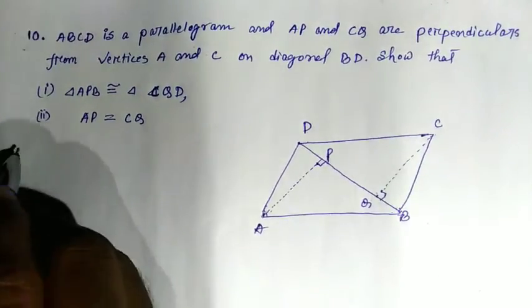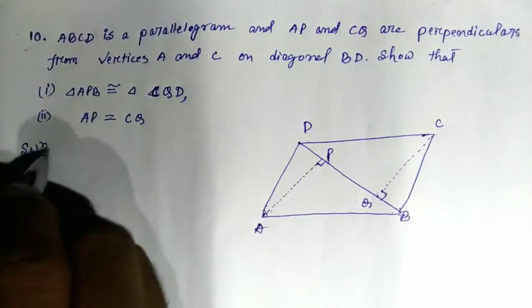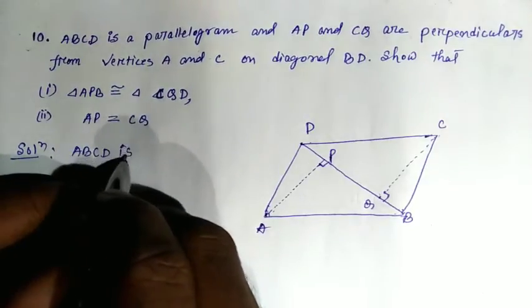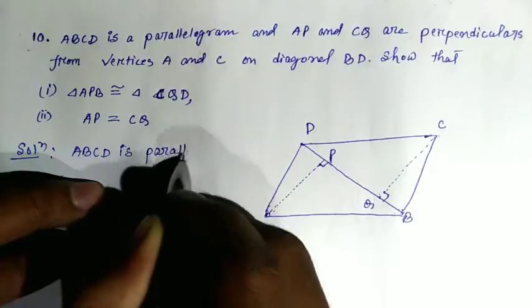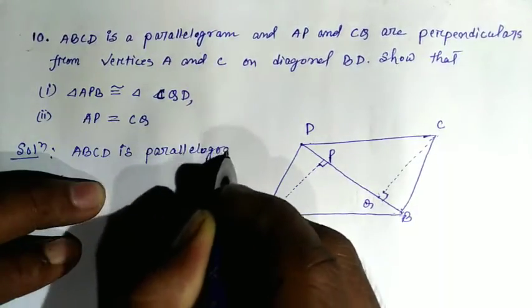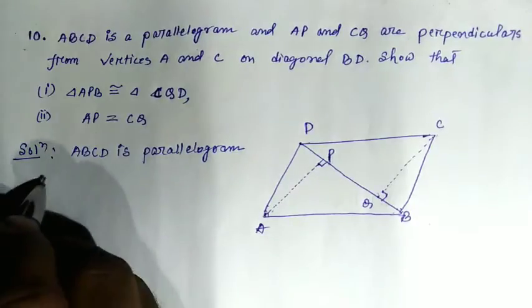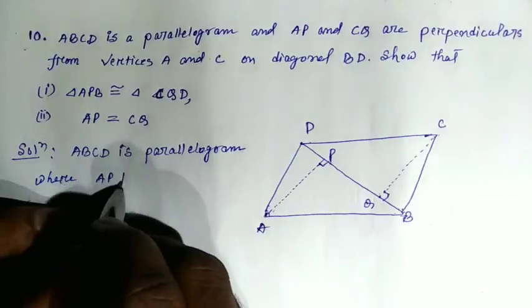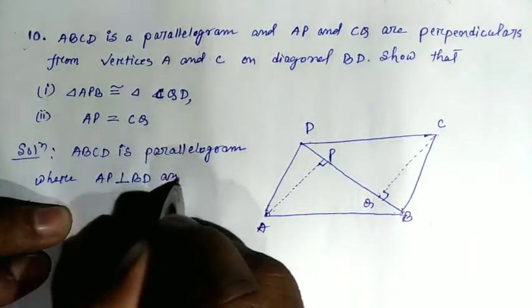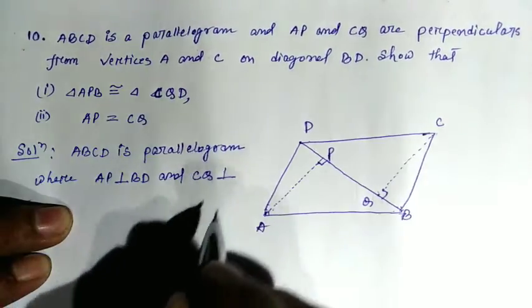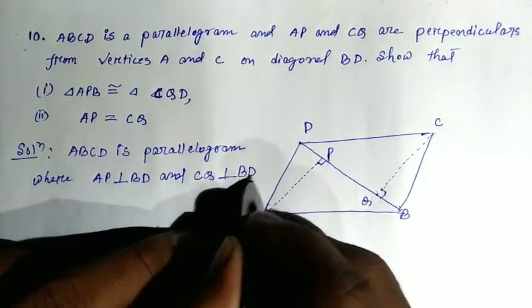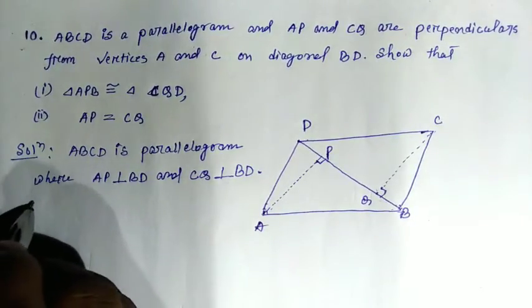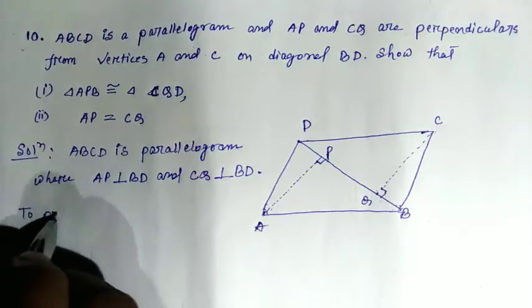Solution. ABCD is a parallelogram, where AP is perpendicular to BD and CQ is perpendicular to BD, where BD is one of the diagonals.